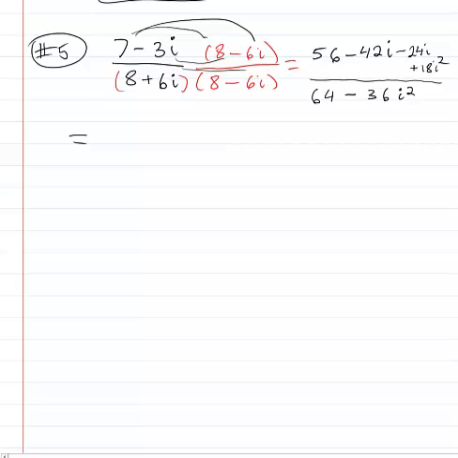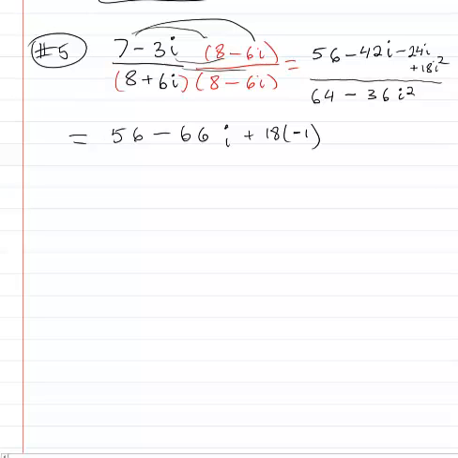Okay, now let's simplify more. So I got 56, then minus 42 and minus 24, that gives us negative 66i, plus 18 times negative 1, correct?